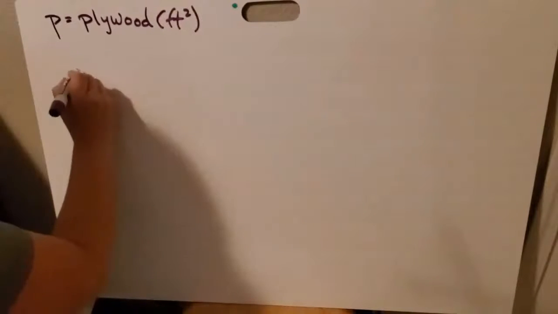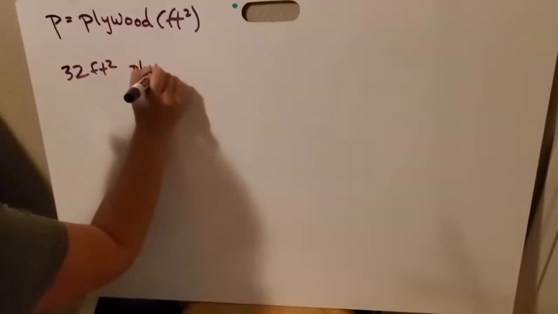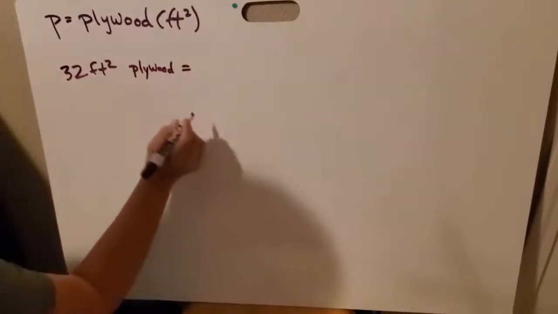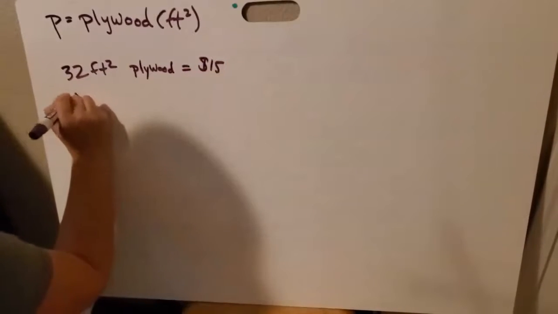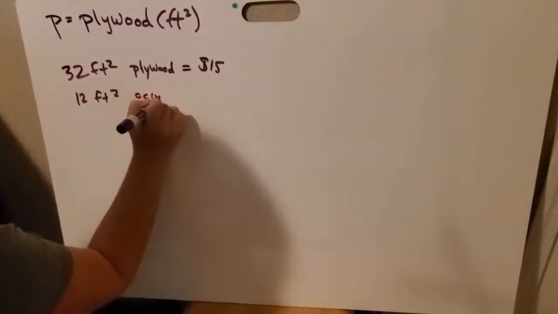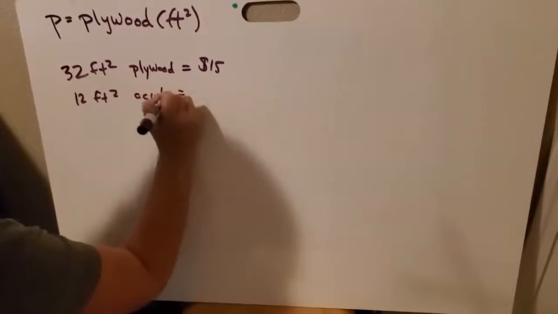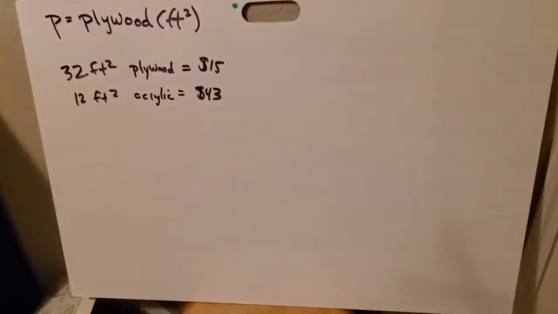It also tells you that 32 square feet of plywood equals $15, and that 12 square feet of acrylic equals $43.